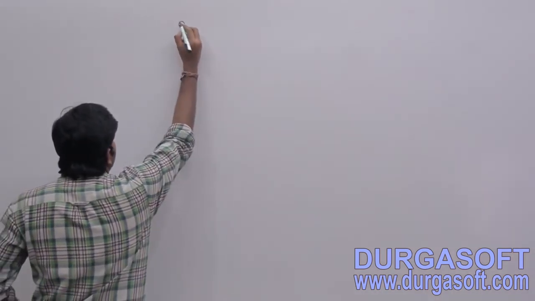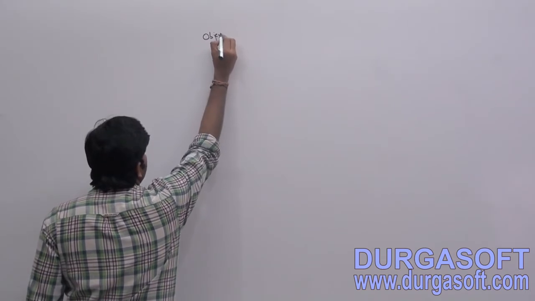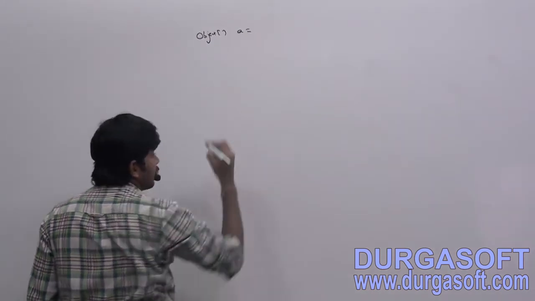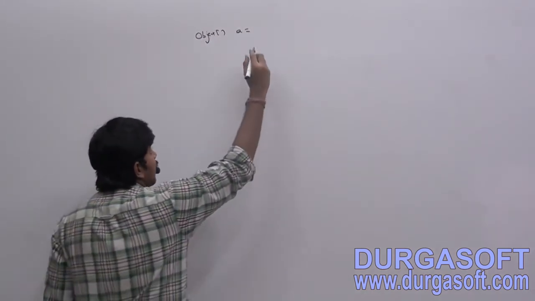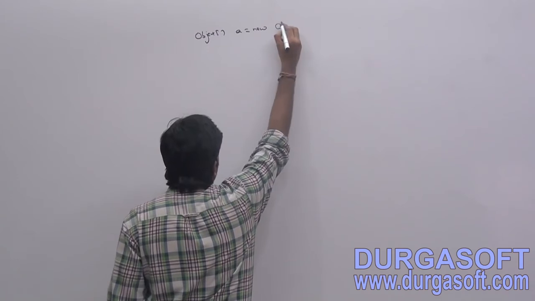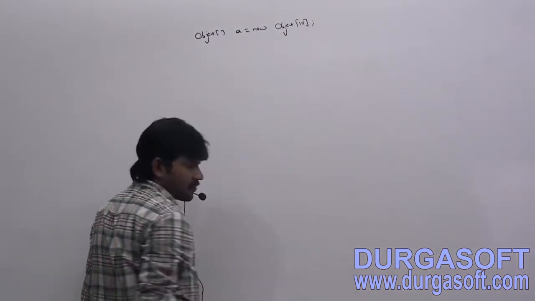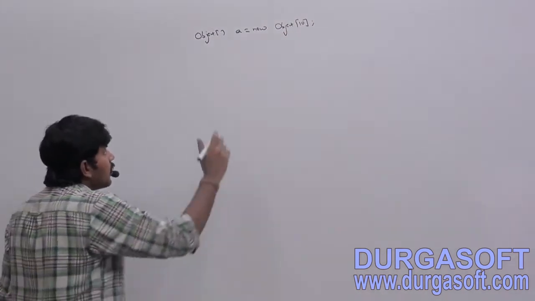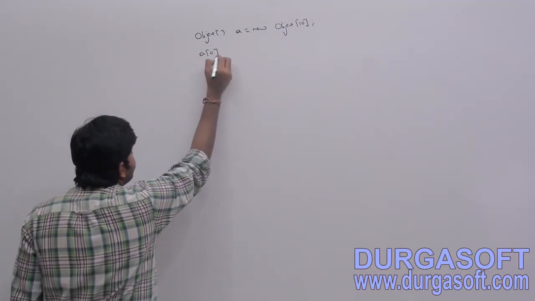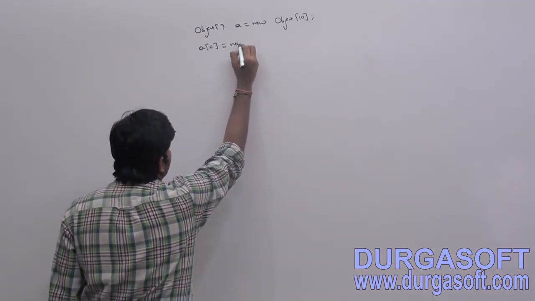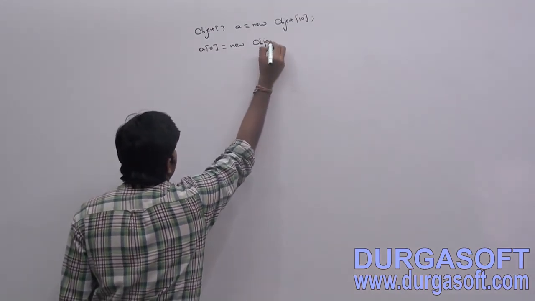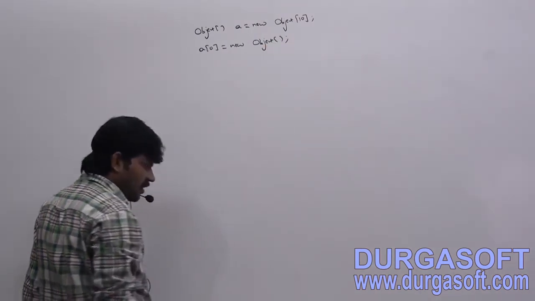I am taking one object array: Object array A is equal to new Object array of 10. Now A of 0 is equal to new Object. Is it valid or not?